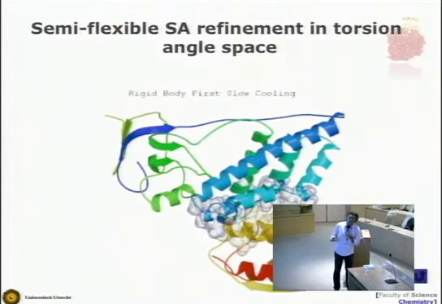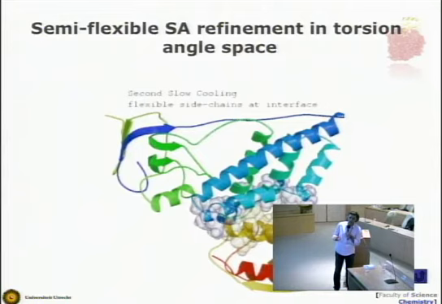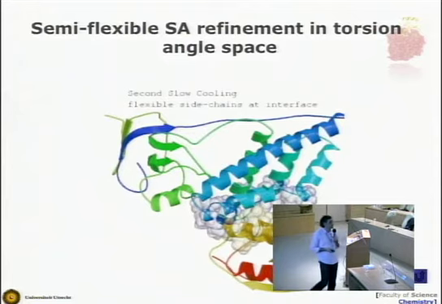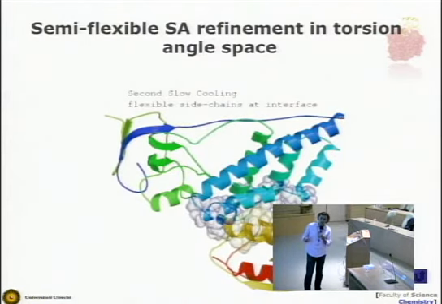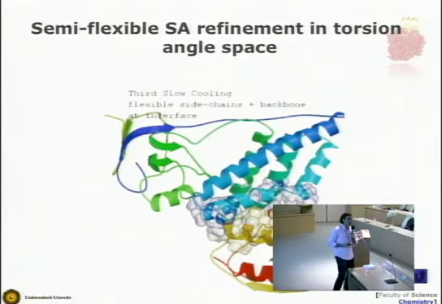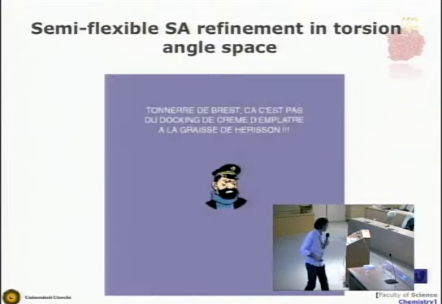So first the molecules move as rigid bodies, and then the side chains are allowed to be optimized at the interface. And then in the second phase, the backbone becomes flexible as well. And you will see that you have small conformational changes. If you look at this loop here, it's going to flip over. And this is driven basically by the data that you put in also. And in that way, you optimize the interface, and the energetics will be better as well.